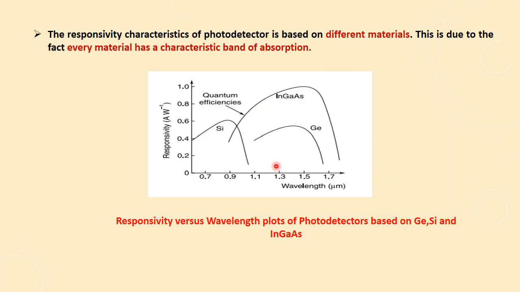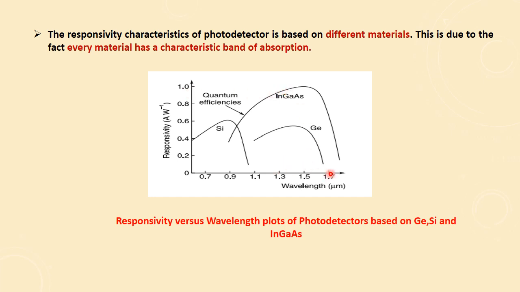This graph shows responsivity versus wavelength of a photodetector based upon the material used. If the photodetector is made of silicon, we get a responsivity of about 0.6, which corresponds to 60 percent quantum efficiency. If it is made of germanium, we have a quantum efficiency of about 40%. If the photodetectors are made of indium gallium arsenide, we may have a quantum efficiency above 90%.